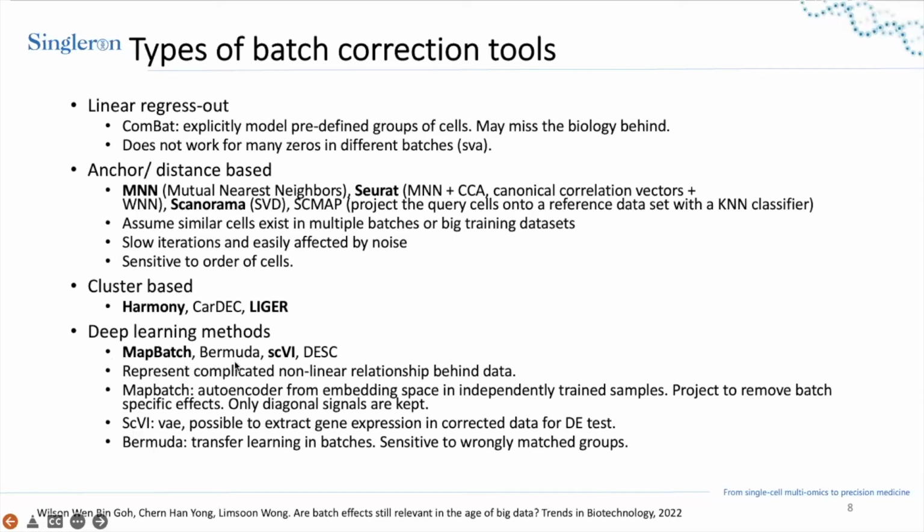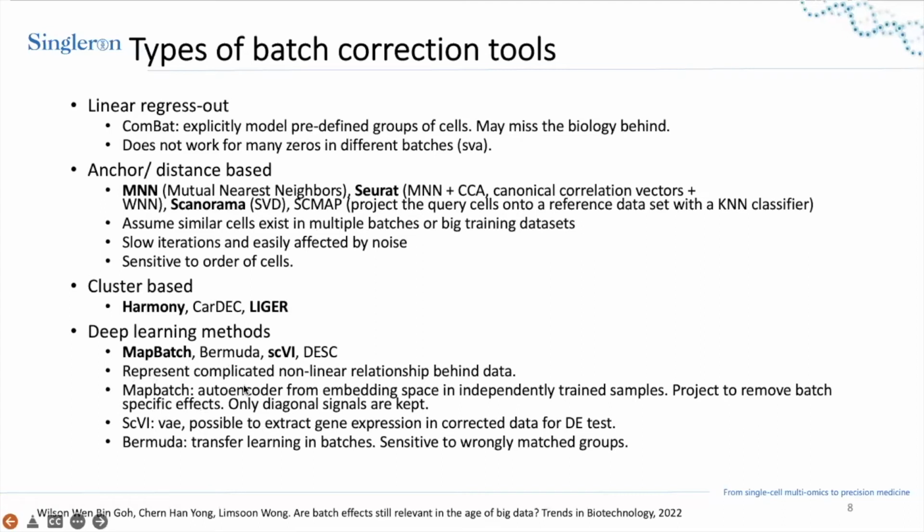There are at least a few example tools. For example, mapCCA made use of an ensembled autoencoder, trying to infer the relationships between different cells after the autoencoder calculations. The deep learning method can represent the complicated nonlinear relationships behind the data.